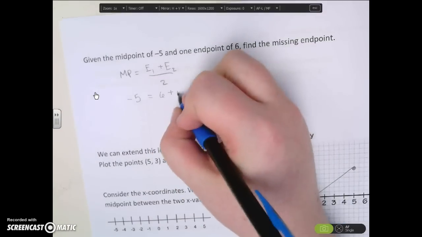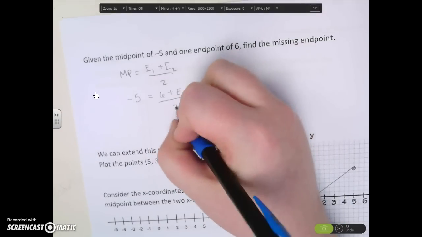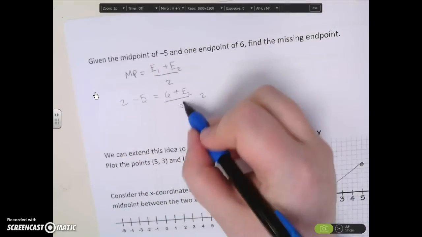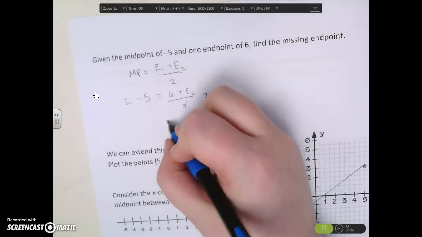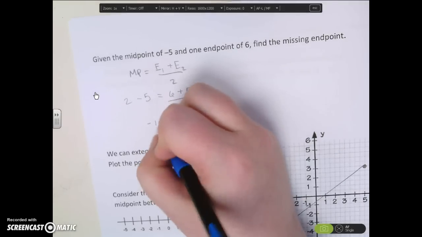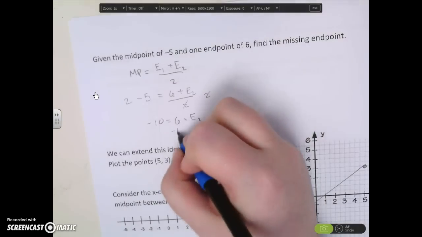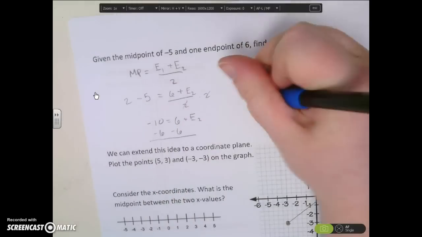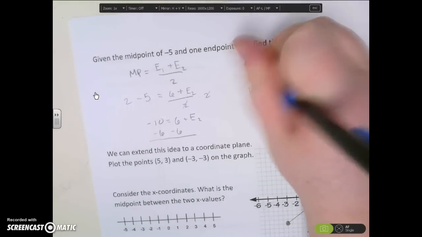I don't know the other endpoint. Over 2. Multiply both sides by 2 to get rid of the fraction, so those would cancel. Then I have 6 plus the missing endpoint is equal to -10. Subtract 6 from both sides, and my answer is -16.